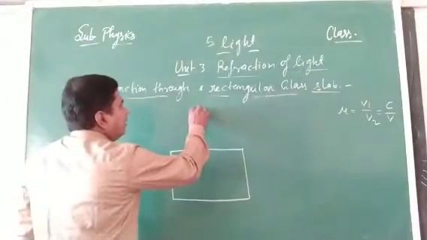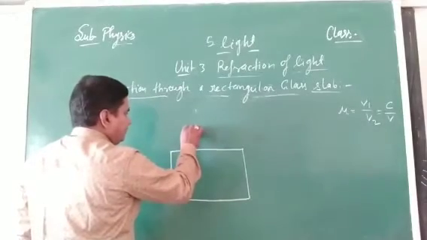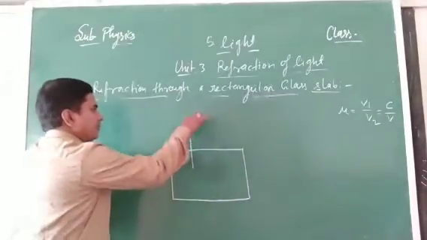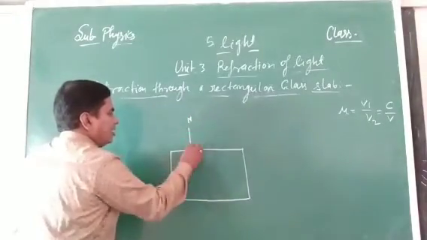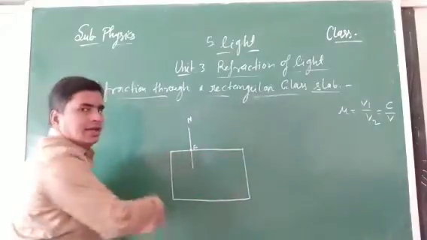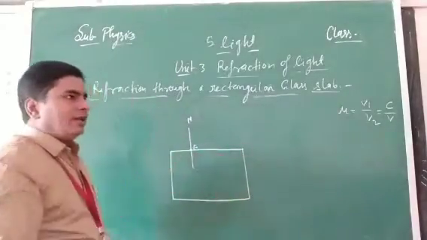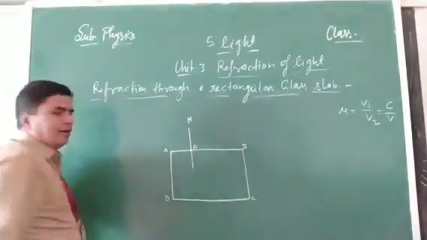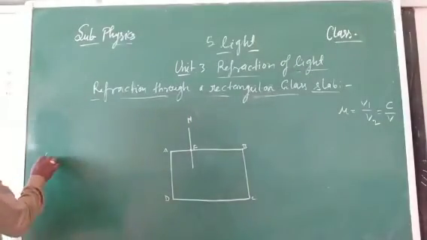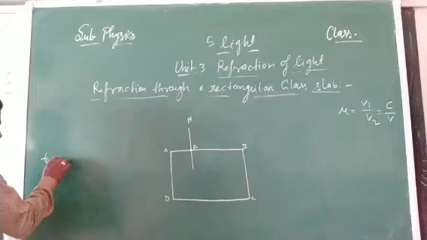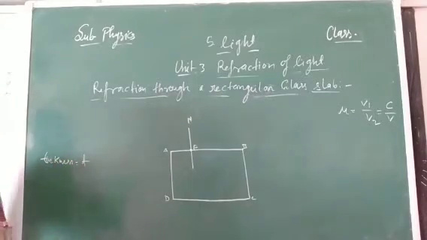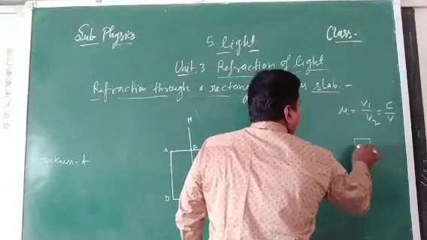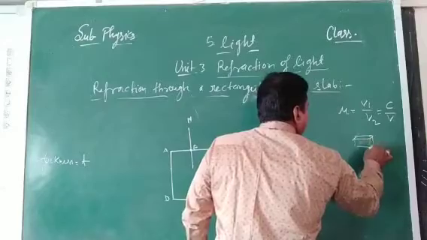Here I draw the normal. This is the normal at the incident point P. This is the rectangular glass slab ABCD. The thickness of this slab, suppose, is T, because it is a 3D figure.